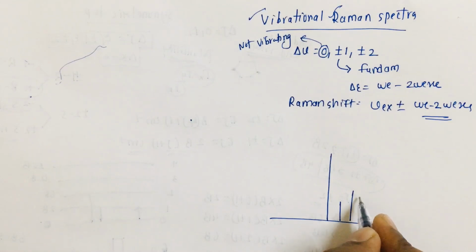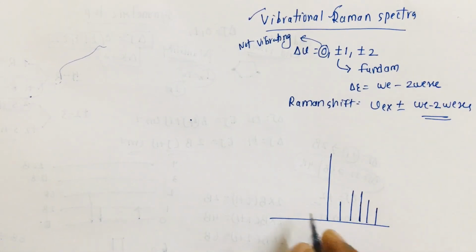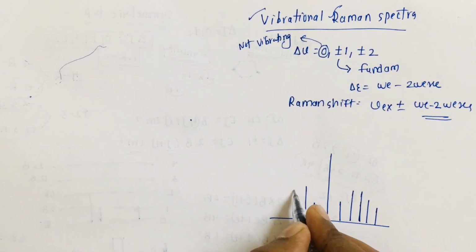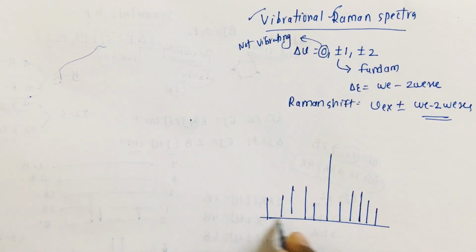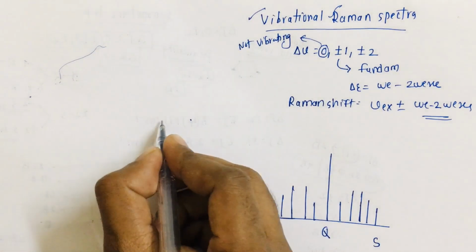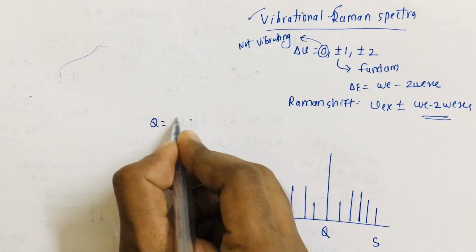It will be like this. Here you need to remember only a few points. This is the Q band and this is the O band, S lines. The Q band is a forbidden band.